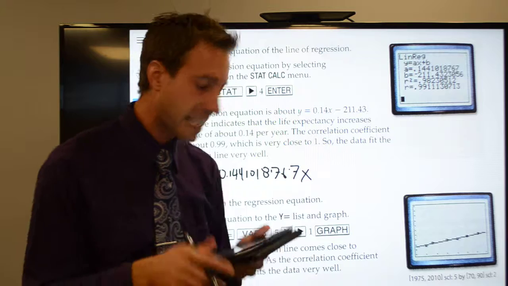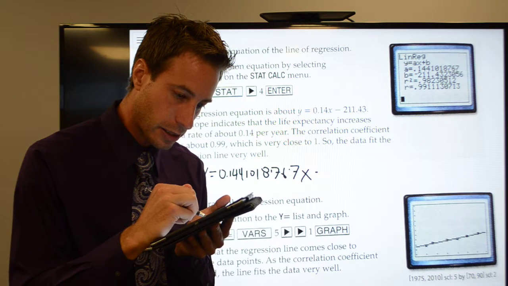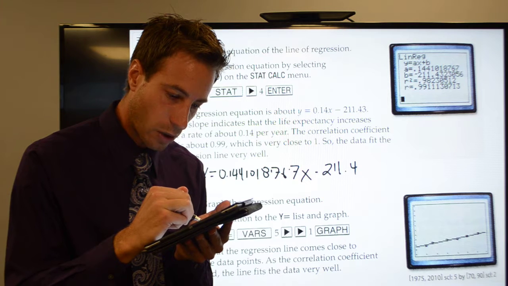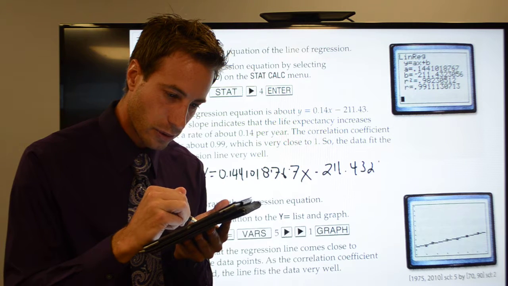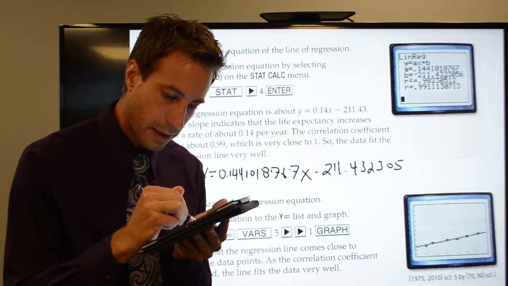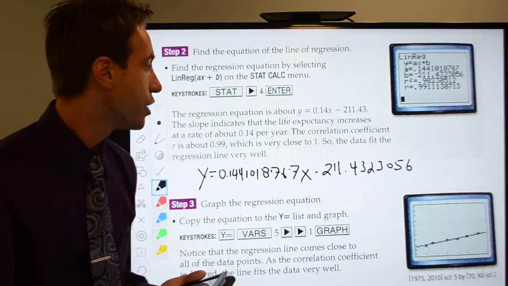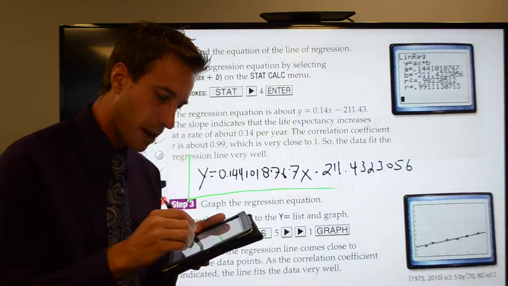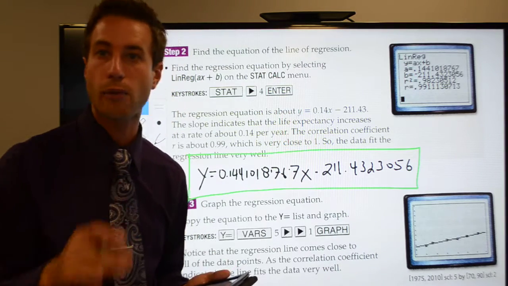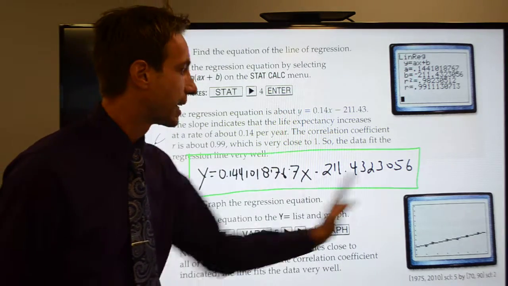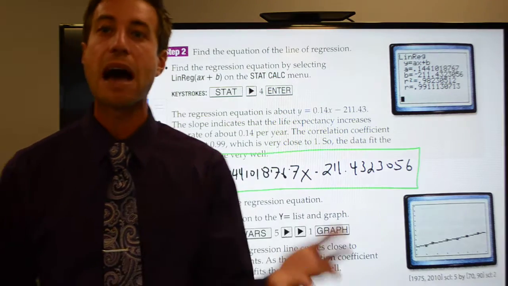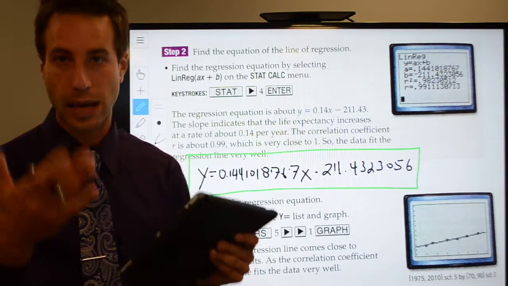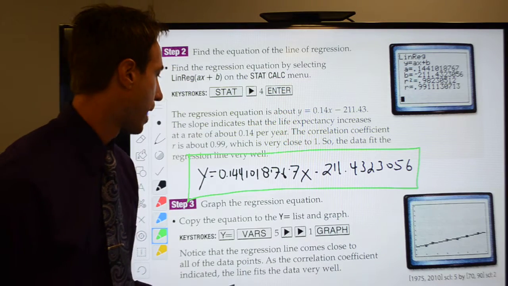My b is a negative number, so then it'll be minus 211.43233056. Again, I know that that is a lot of numbers, but guys, please keep all of the numbers. Do not round. Do not round. Keep all the numbers. That way we all get the same answer on the quiz or the test. Again, please do not round.